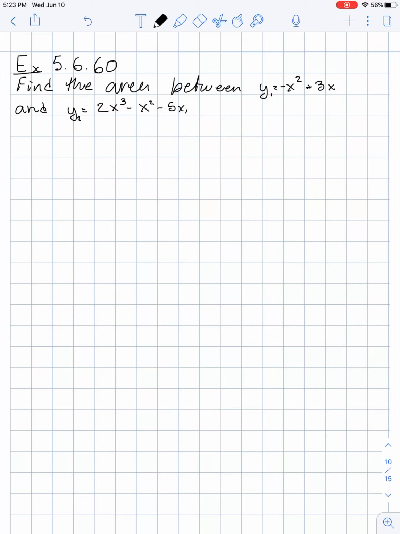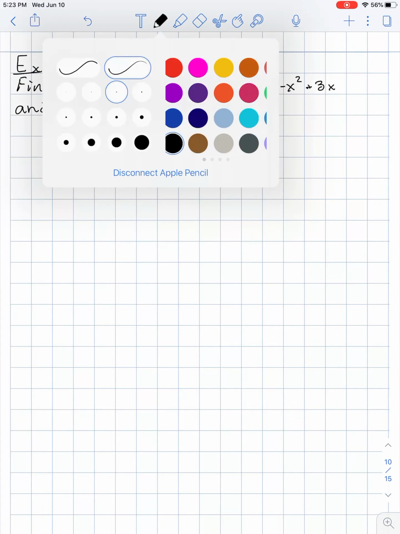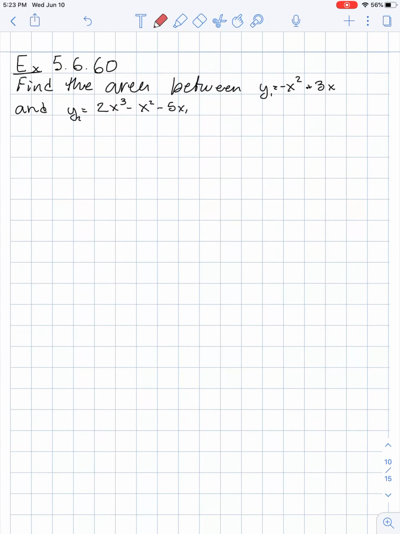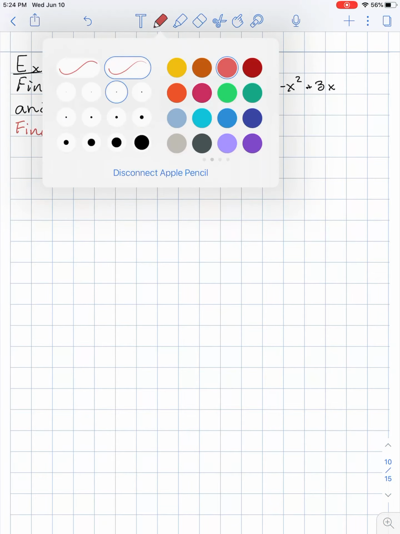So we're going to set them equal to each other so that we can find the bounds, by y1 equals y2. All right.